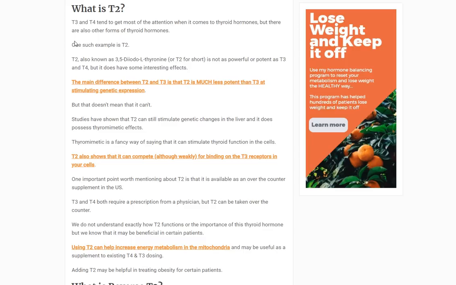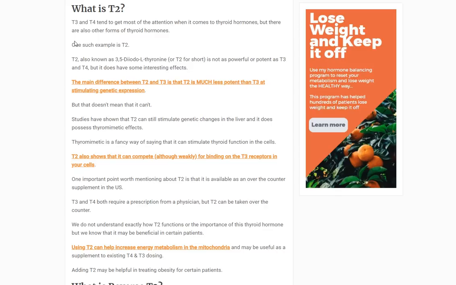If you can increase the production of energy from ATP, and if you can increase the amount of heat that your body is burning, you're going to be burning more calories at baseline. That is a rough estimate that you can equate to your metabolism. It's not perfect, but it helps you put this together. So T2 has a special effect in that it can help rev up that system.